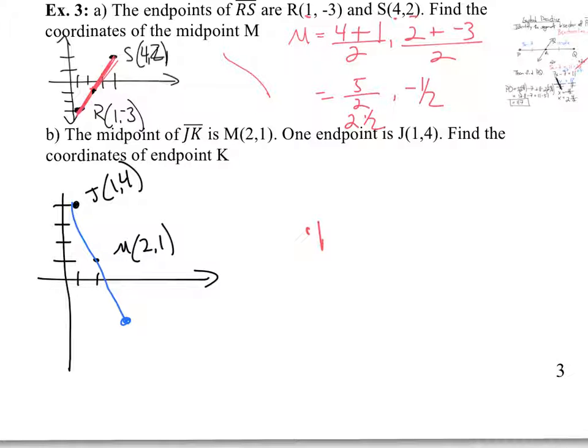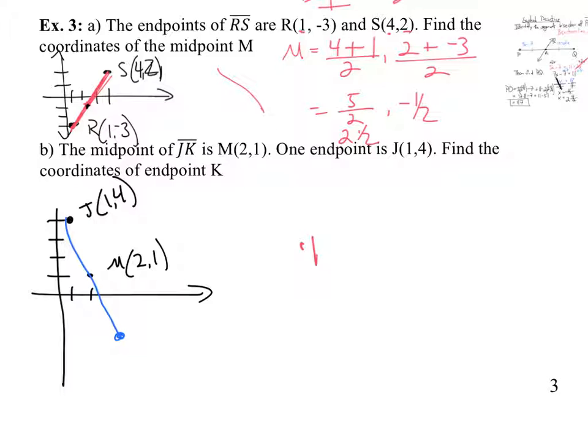Specifically, we're going to use parts of it. So we know that x equals, in this case, x2 plus x1 over 2. And this x, the midpoint of the x, is what we're looking at. So that midpoint of the x is going to be represented here by 2.